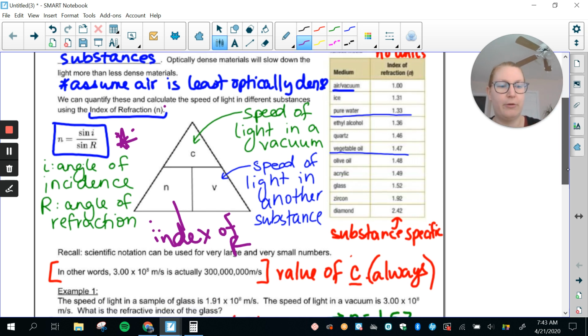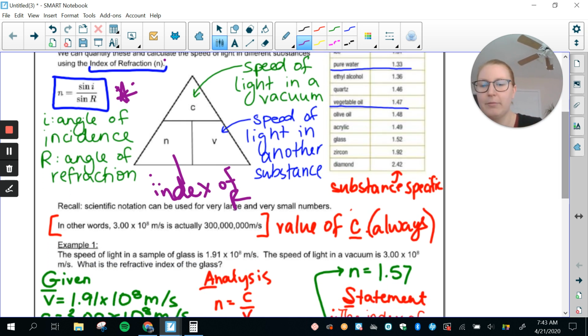So just scrolling down a little bit here, this value 3.00 times 10 to the power of 8 meters per second, which, if we extend that out and make it into a standard number, is 300 million meters per second. So light moves extremely quickly as it's moving through air.